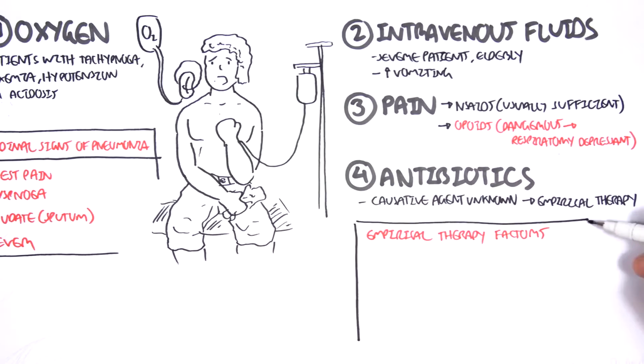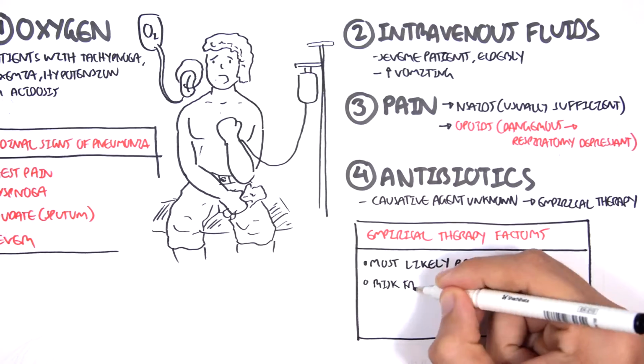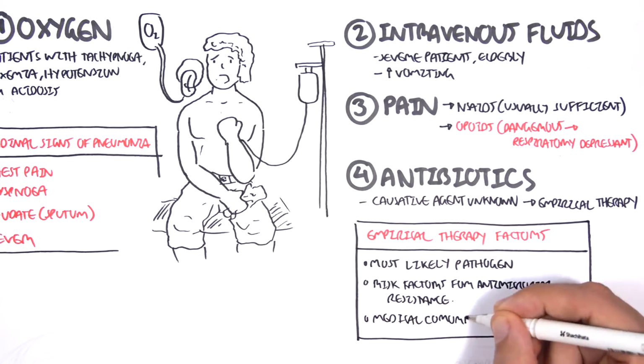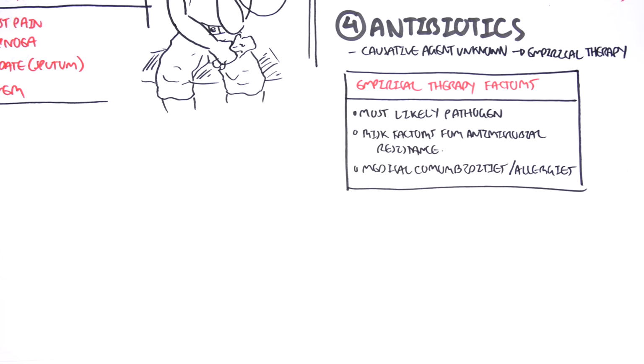These are: what is the most likely pathogen, the risk for antimicrobial resistance, and if the person has any medical comorbidities or allergies. So the use of empirical therapy is different for nosocomial, for community, for aspiration, for all the different types of pneumonia. It's usually different. Some overlap.